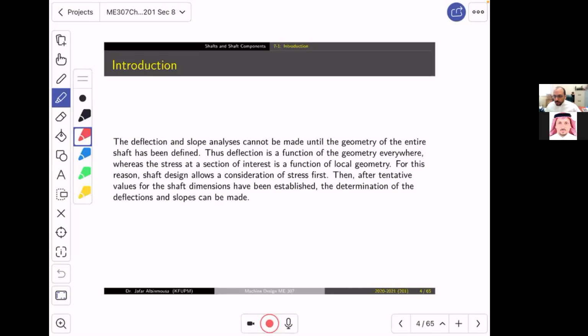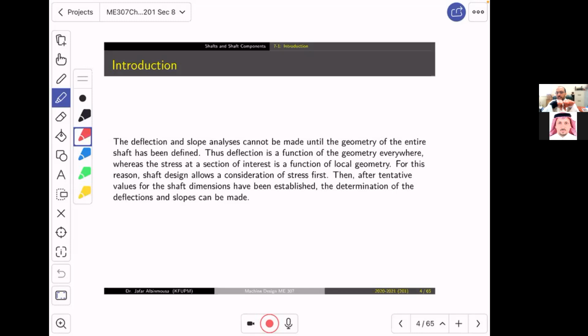However, there is another problem, which I talked to you about in many previous lectures, which is the deflection. As we said, shafts or mechanical elements inside those rotating machines are aligned and clearances are very, very tight.